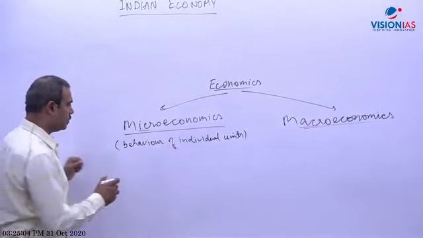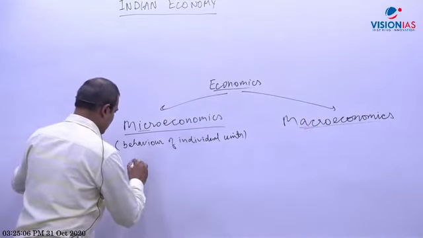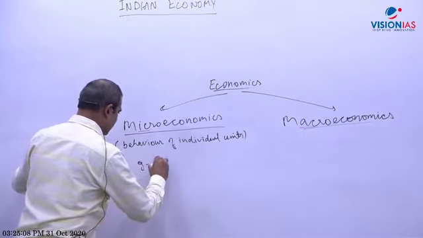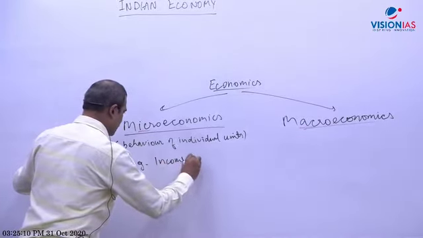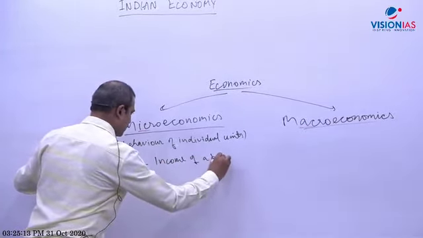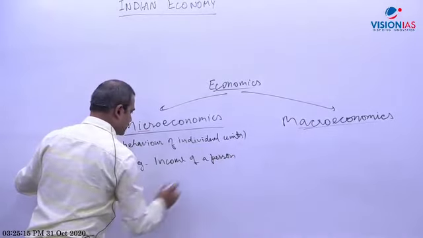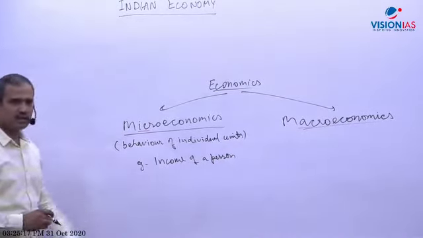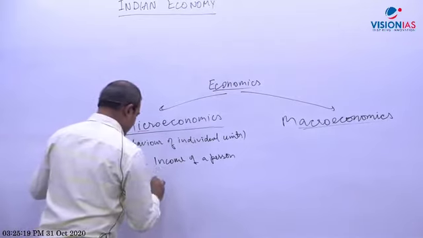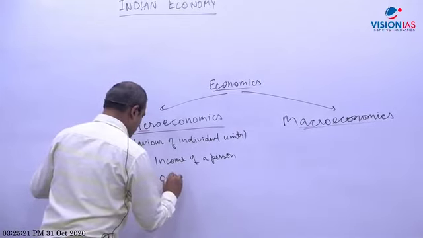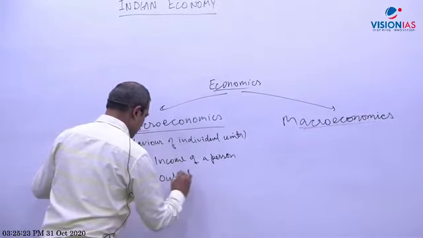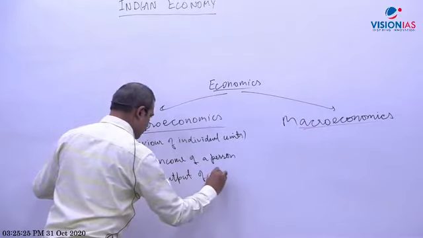Okay, write down examples. Examples: income of a person, output of a firm.